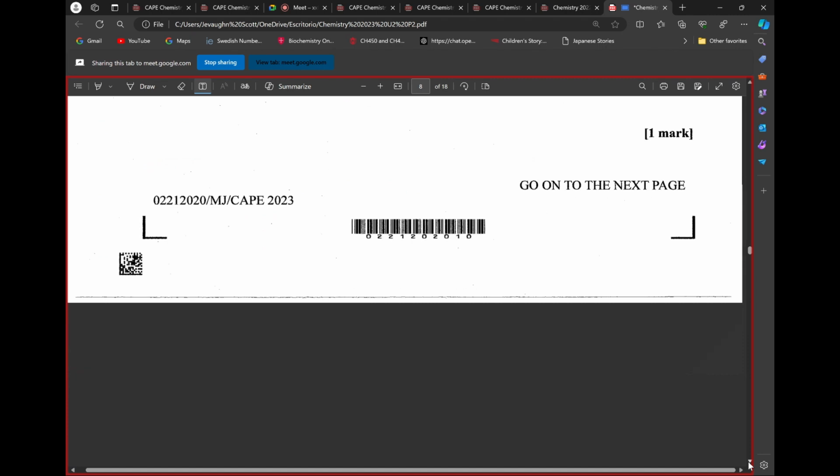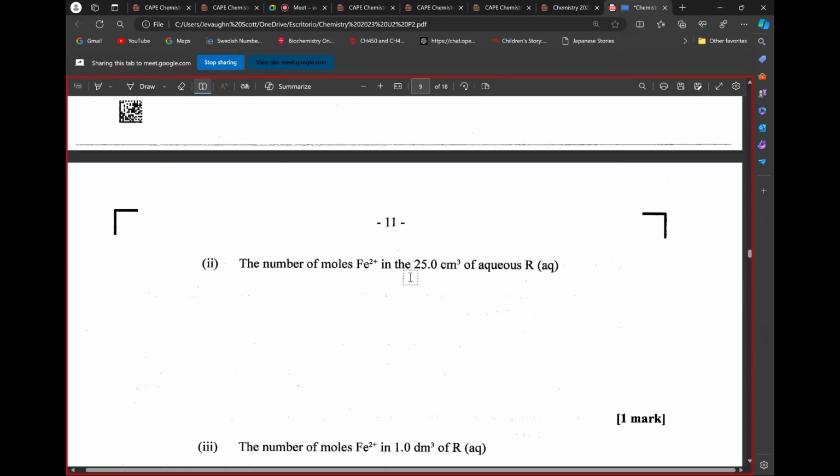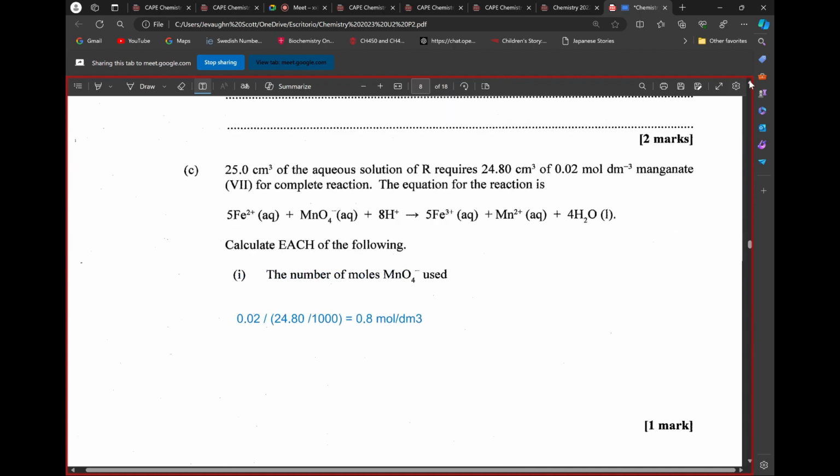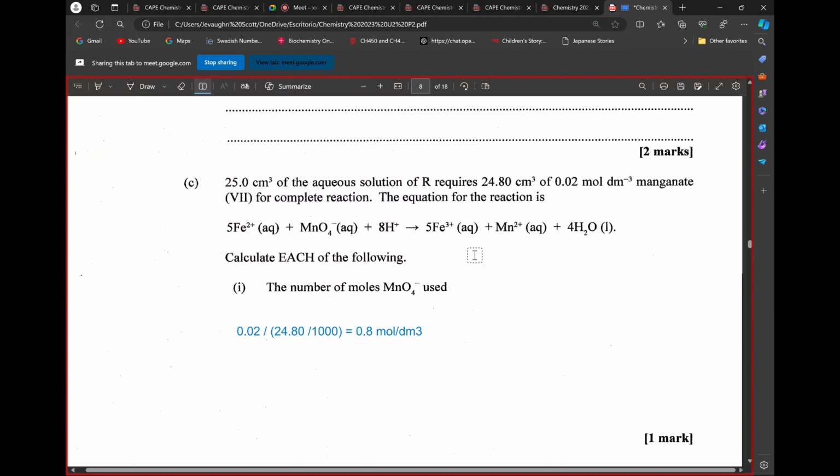If we have that there, the next question asks us the number of moles of iron in the 25 cm³ of aqueous R. So we'll get the number of moles of iron. Oh, my bad.